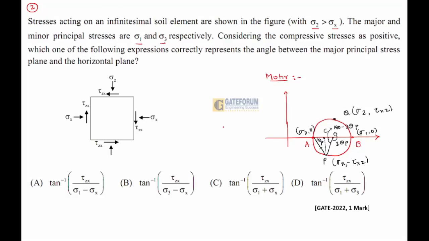This is theta P at point A. This is C, this is P. And this distance is tau xz. So from this triangle ACP, how can I write tan theta P? Tan theta P will be equal to tau xz by sigma x minus sigma 3.